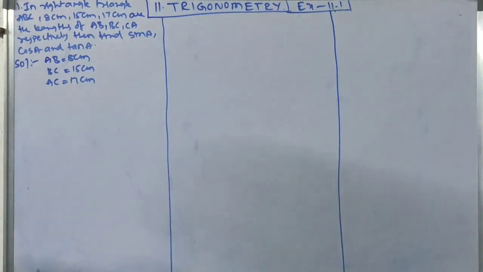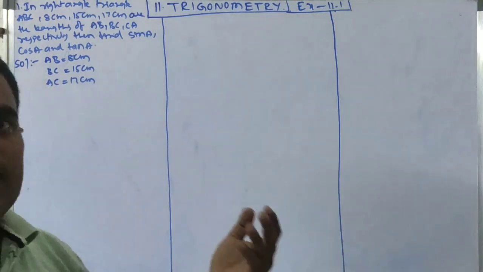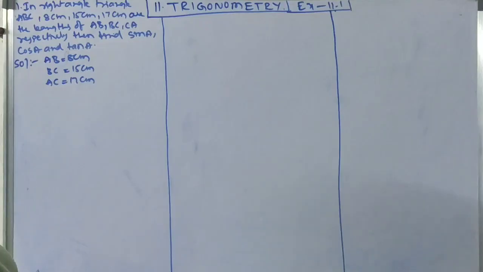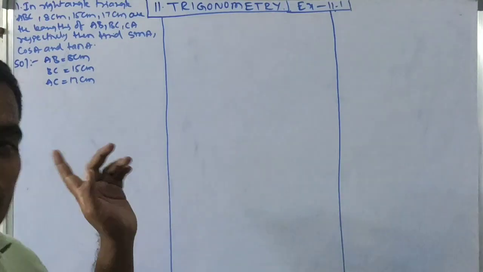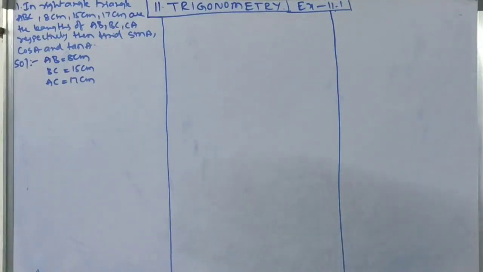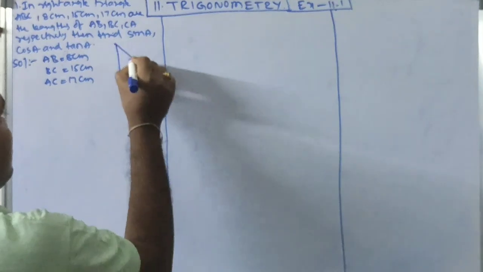If we observe 8, 15, 17, this is Pythagoras triplets. Already we discussed. 17 is the bigger value, so 17 is the hypotenuse.